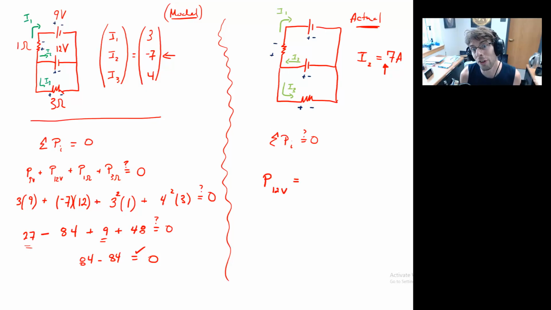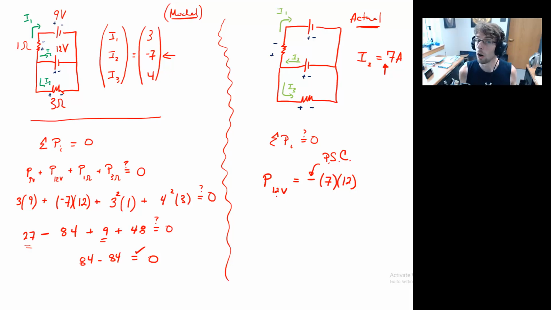And so although I no longer have the negative sign on the current, the passive sign convention tells me now I pick up a negative sign in front of everything. So I would write a positive current times the potential of the battery, and the negative sign will come from the passive sign convention.